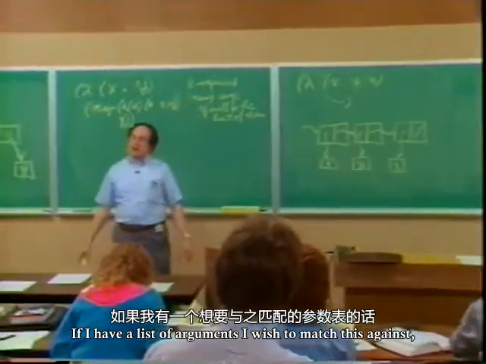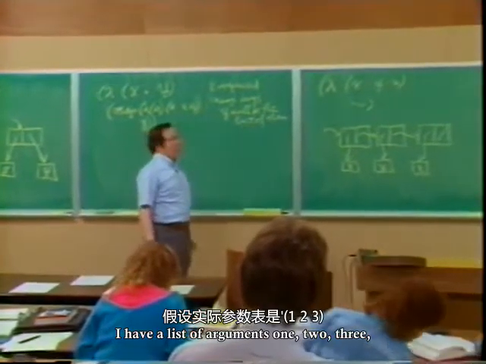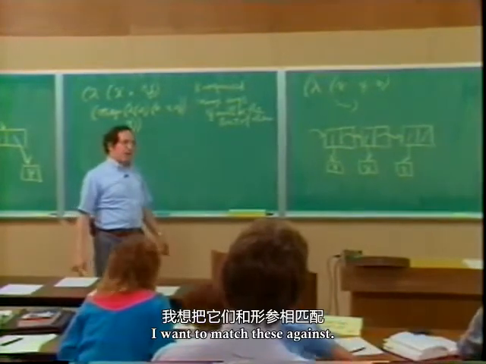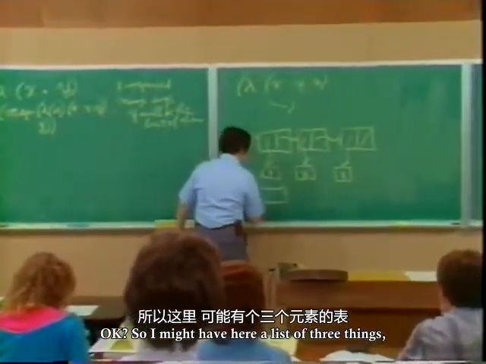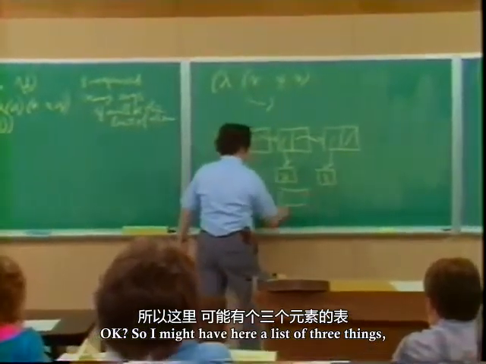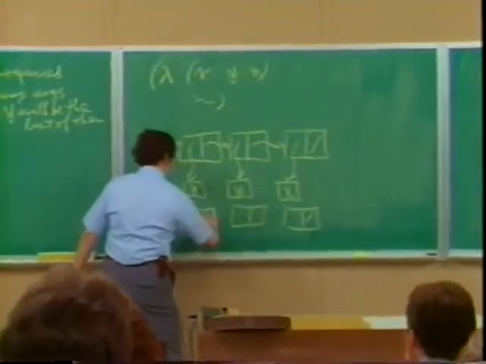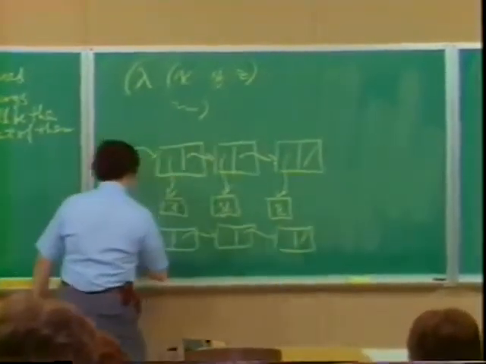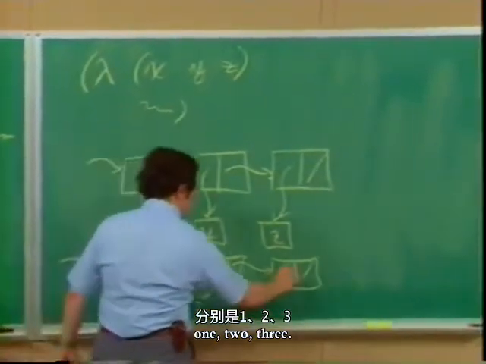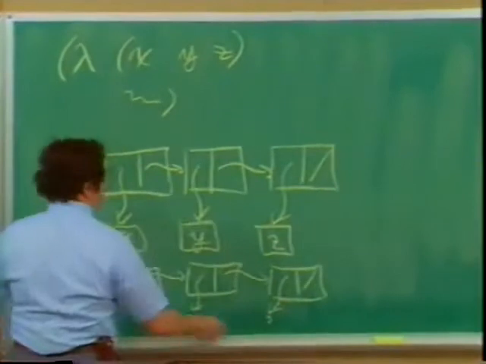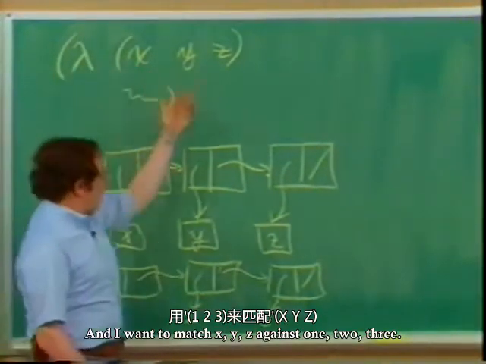If I have a list of arguments I wish to match this against, supposing I have a list of arguments 1, 2, 3, I want to match x, y, z against 1, 2, 3.